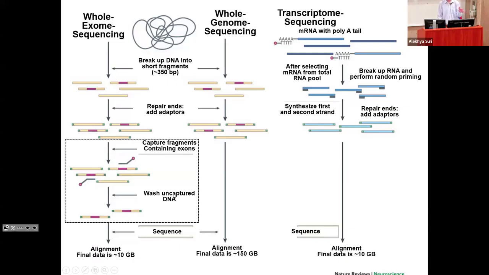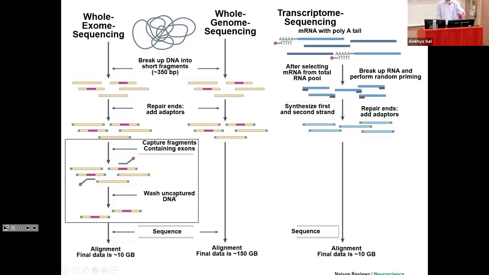You can use either just the DNA, or you can also use RNA produced from the cells and make DNA and then sequence that. So again, we have genomic DNA library, cDNA, and it goes the same way.